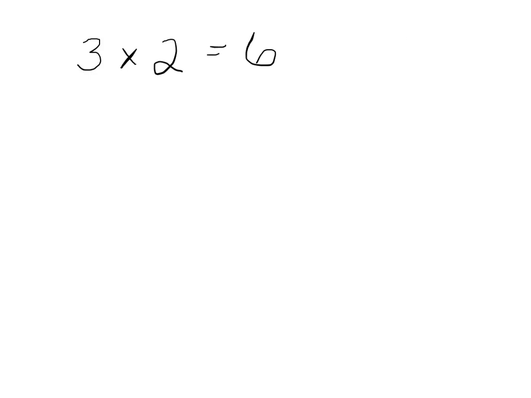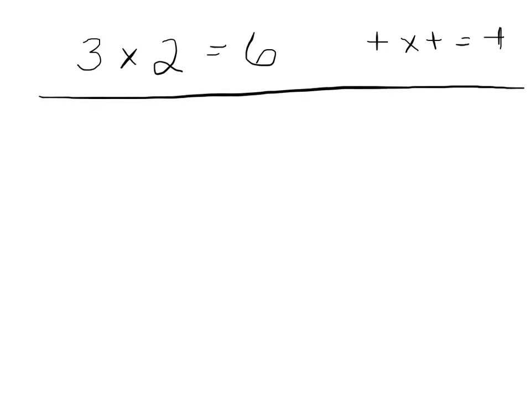Let's go ahead and write this. Normally we'll write this as a positive times a positive is going to give us a positive number. Okay, so our positive times a positive equals positive. Okay, this is case number 1, which you hopefully have learned since about 3rd grade.